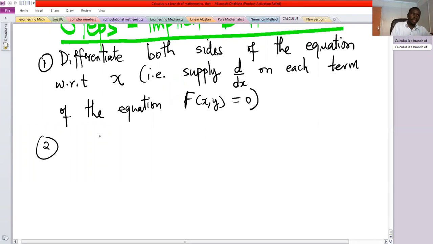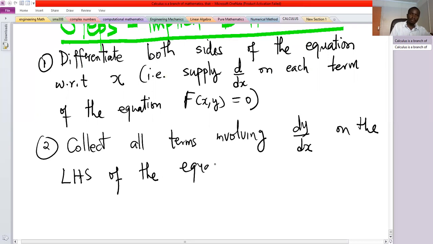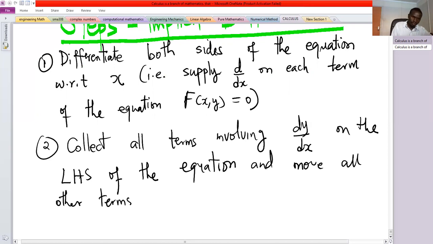Number 2, collect all terms involving dy dx on the left-hand side of the equation and move all other terms to the right-hand side of the equation.